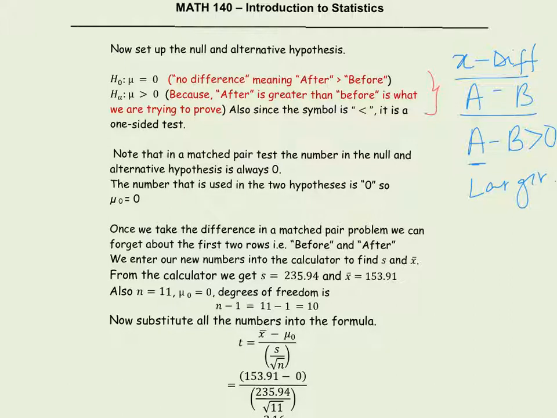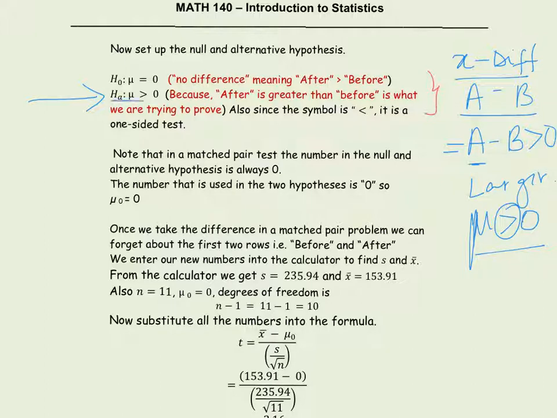So a minus b has to be greater than 0. In other words, what we're trying to prove is that mu, the population mean, is greater than 0. The hypotheses always have the population mean, mu. But if we went before minus after, then that would be less than 0. Right now, it is after minus before.